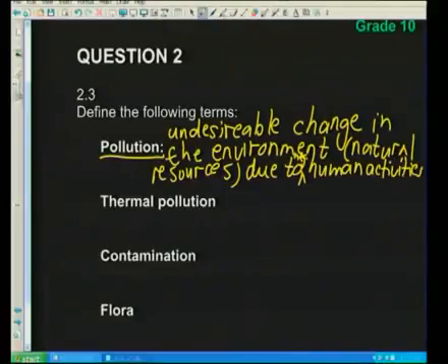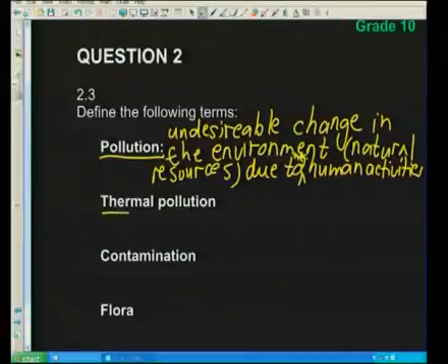So us humans are the only culprits for polluting our beautiful earth, polluting our water, polluting our land by littering, burning fossil fuels, adding carbon dioxide to the atmosphere. All right, so we are causing pollution. So that's why we're saying it's an undesirable change of a beautiful environment, and that's causing problems for our animals and our plant communities.